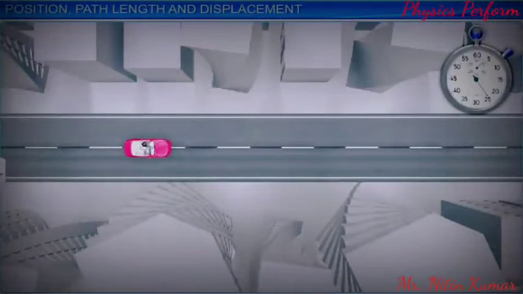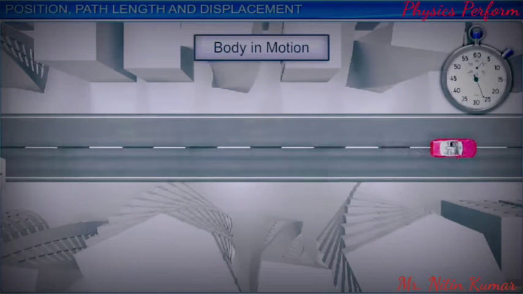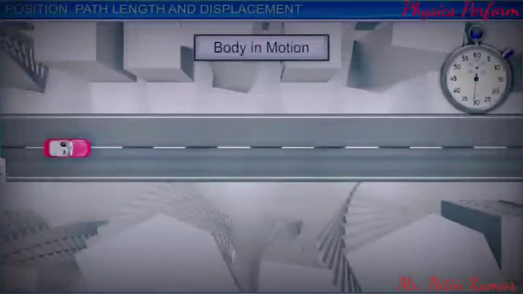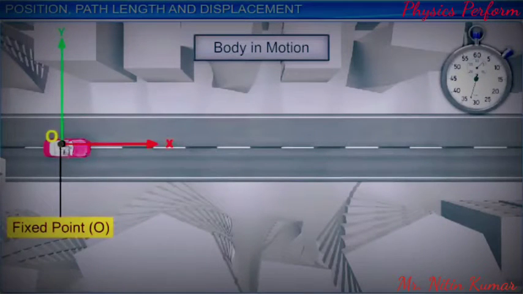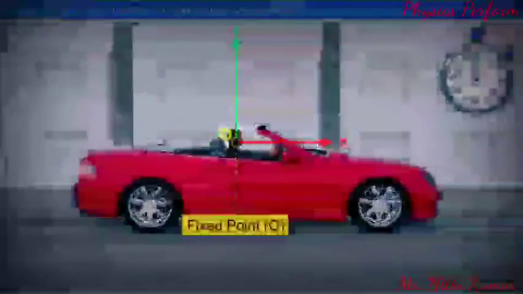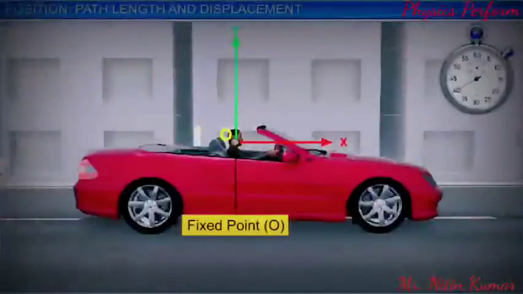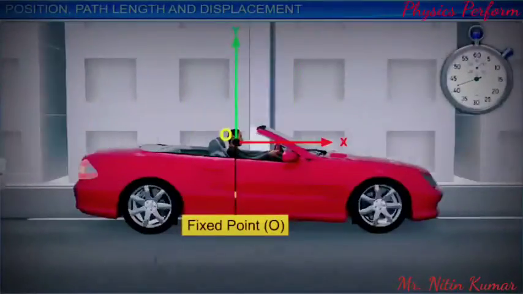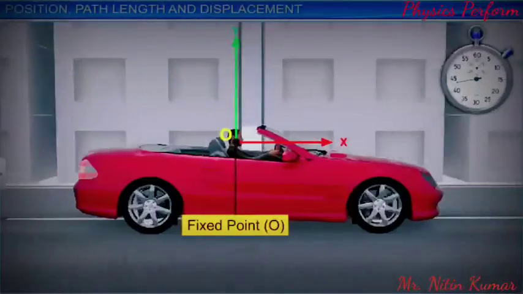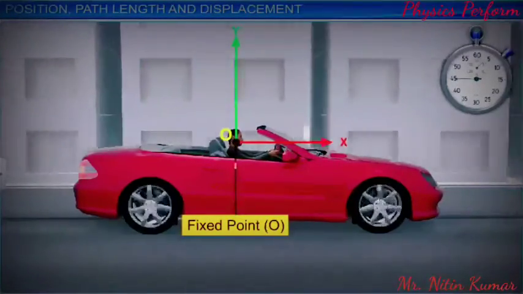Suppose you take a frame of reference with a fixed point on the road as the origin. We say that the car is moving. However, when you take a person sitting in the car as the origin of the frame of reference, then the driver of the car is at rest, as, in this case, the frame of reference itself is moving along with the car.